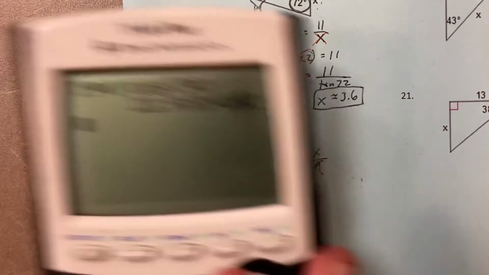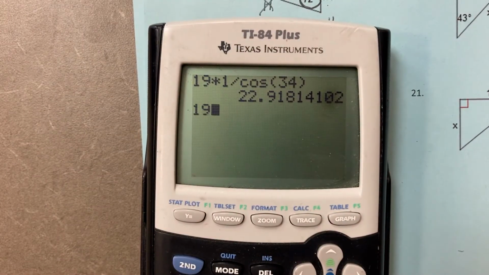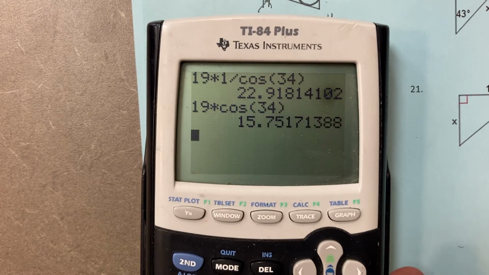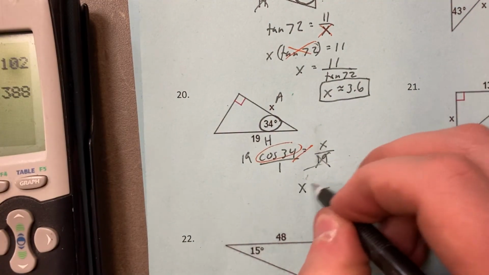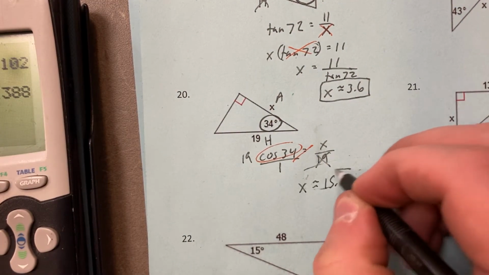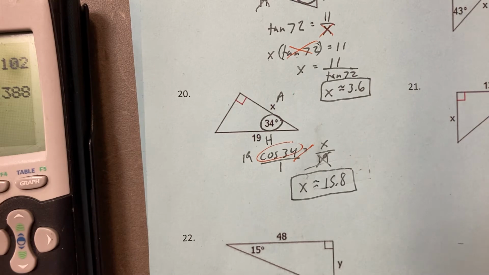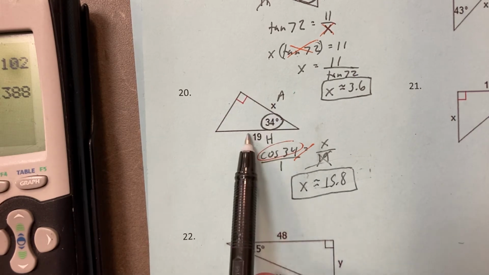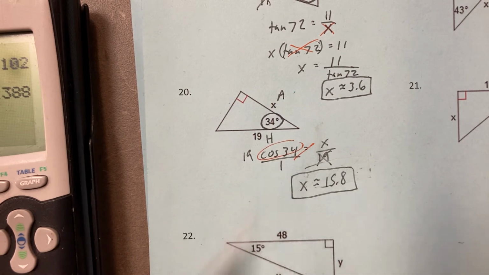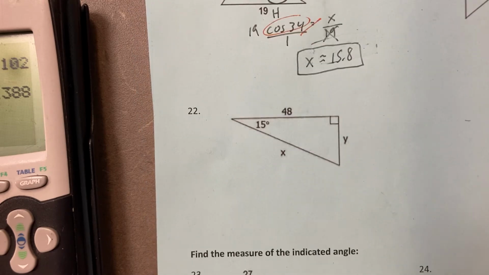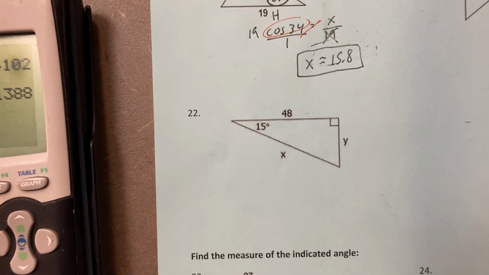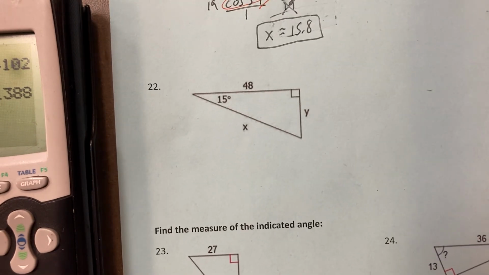It should have been 19 times the cosine of 34. 15.8. Okay, 15.8 would have been a better answer. That makes more sense because that is a little bit less than 19. Now the question is, did I do that on purpose? Of course I did.